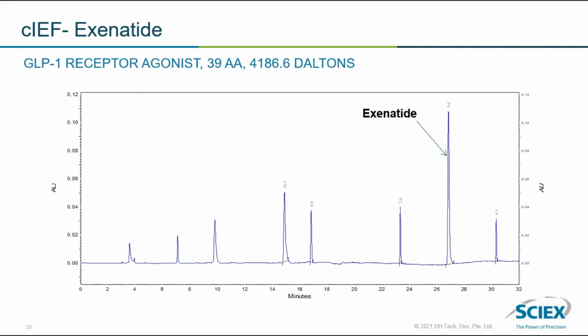In between, we have the peptide exenatide, where you can see the PI value of this molecule, which is coming around 5.6. This way, you can calculate the PI of any of the peptides by using the peptide PI markers. And this method is also very reproducible. This will give you ultra high resolution data.